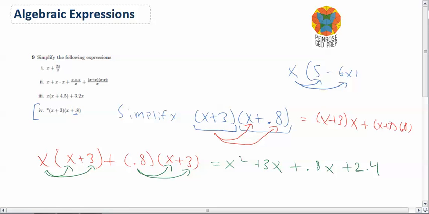Take a minute to think about why. Okay, so if you saw it, we have some like terms now. 3x plus 0.8x is 3.8x. So what we have is x squared plus 3.8x plus 2.4. And this is our simplified expression.